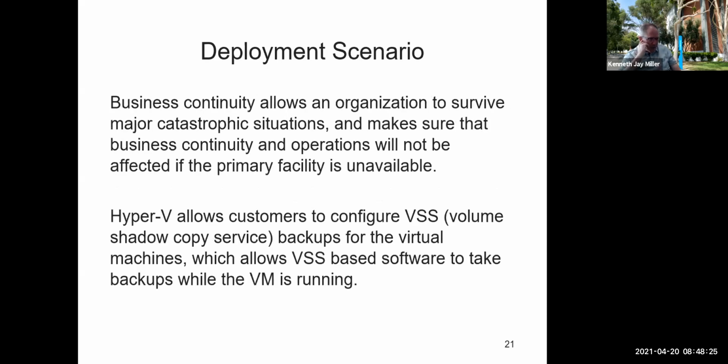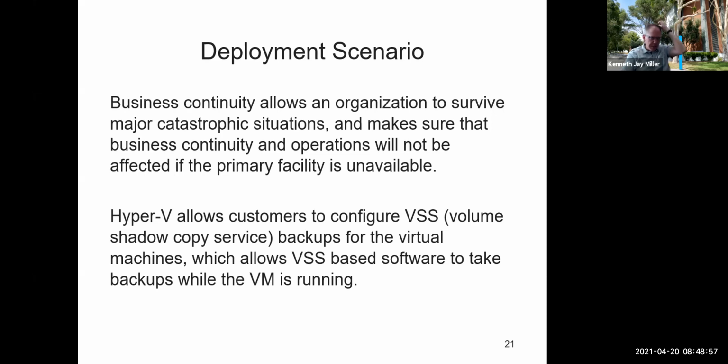Now, business continuity, remember, this is referring to how a business can survive a catastrophic event or situation. And this allows us to make sure that even if there is a natural or man-made or whatever kind of disaster, we can quickly resume business, right?